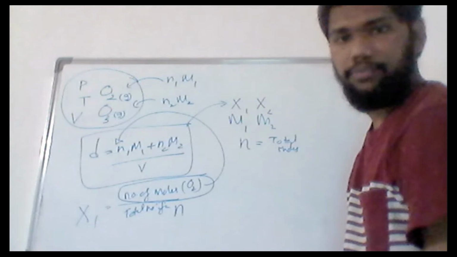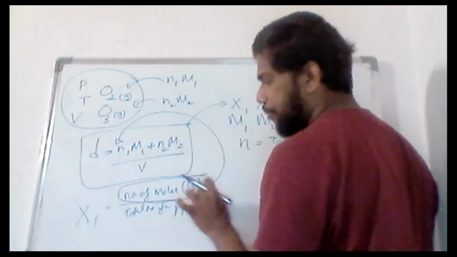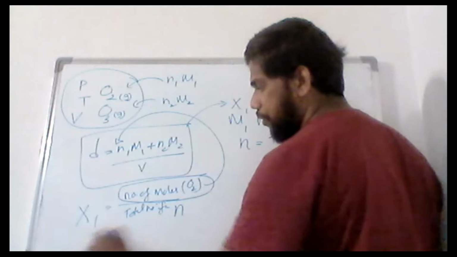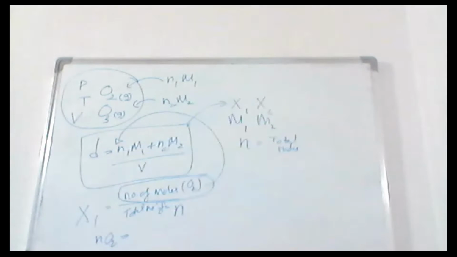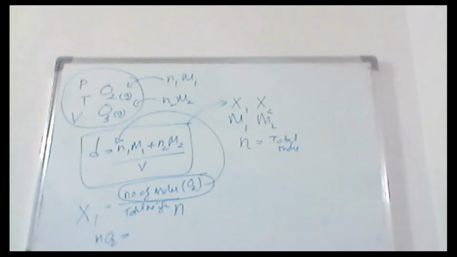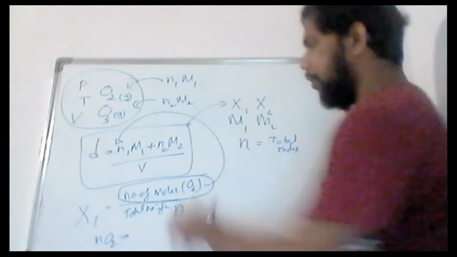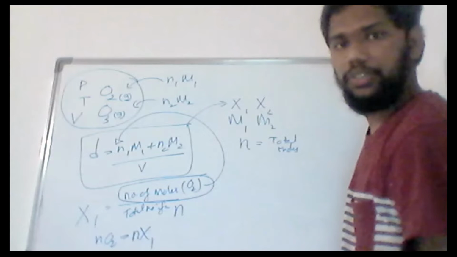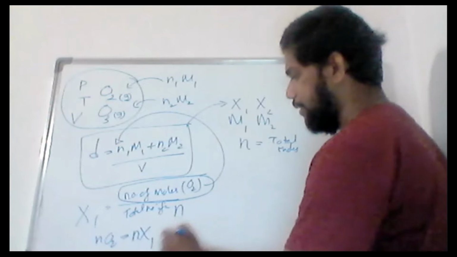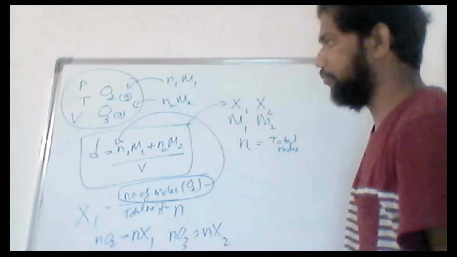So if you know the number of moles here, you can plug this in to here, N1. That is the idea. So the number of moles of O2 will be equal to N into x1. In the same way, you can predict the moles of O3 will be equal to N into x2.